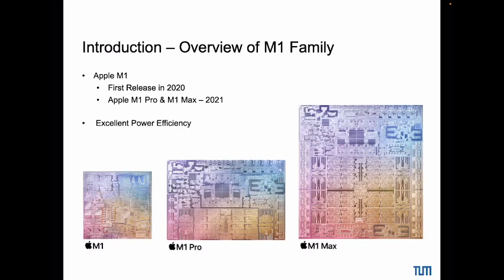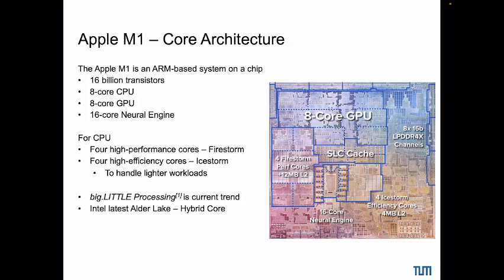You see the die shots here of the M1, which was released in 2020, and now there is also the M1 Pro and the M1 Max released in 2021. These processors are now used in the Apple MacBook laptop, for example. You can buy it with the M1 Pro and the M1 Max processor.